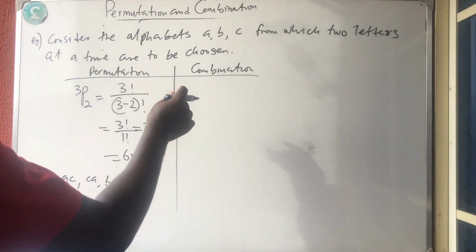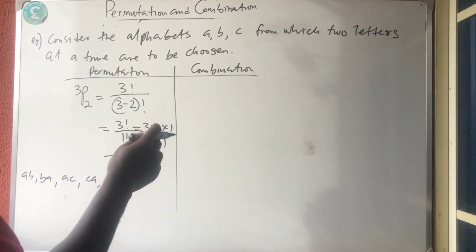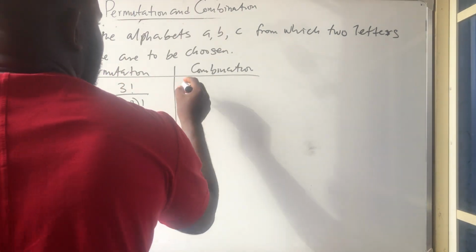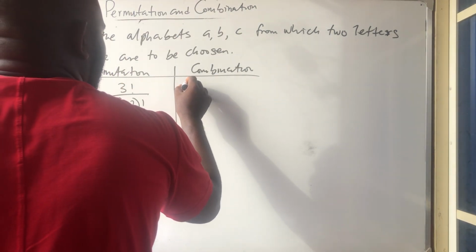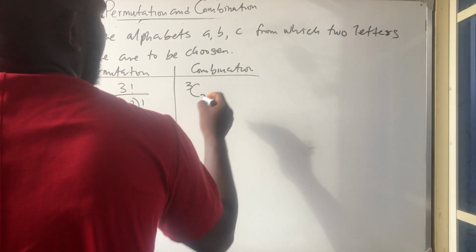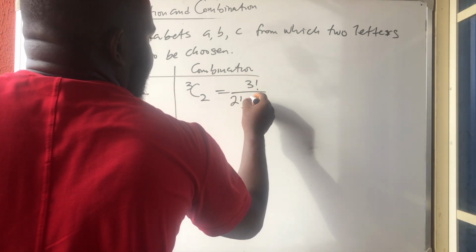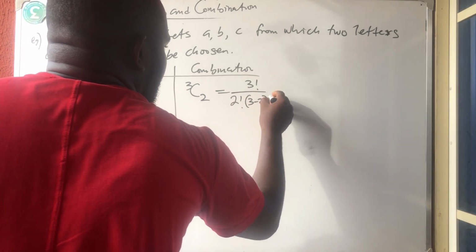But in combination, what you are doing is selecting. We want to just select only two alphabets out of these 3. So it's going to be 3 combination 2, which is 3 factorial all over 2 factorial first before you now say 3 minus 2 factorial.